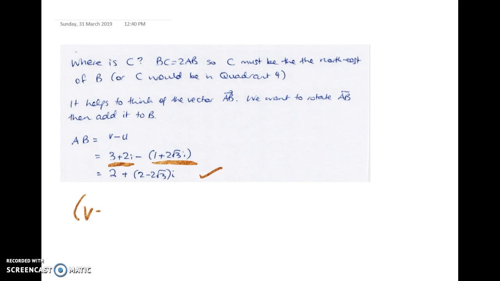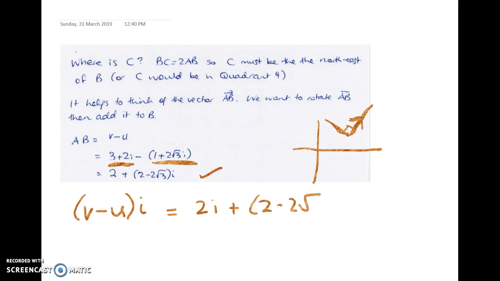Right, so now we're going to do v minus u times i. And that's going to get me this bit here. They're meant to be the same length. So v minus u times i is equal to 2i plus 2 minus 2 root 3i times i, which gives me 2i plus, what have I done?